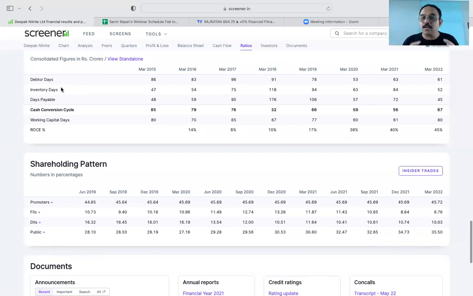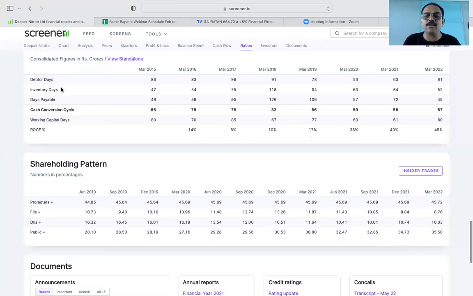So they do this. When they send material out of their factory, they'll get paid and they will again buy the material. It doesn't happen exactly like that, but let's assume they get the money, go and buy the material, again make the fertilizer, and again send it out of the company in 52 days. That means every 52 days they are able to rotate their money, because when goods go out, money comes in.